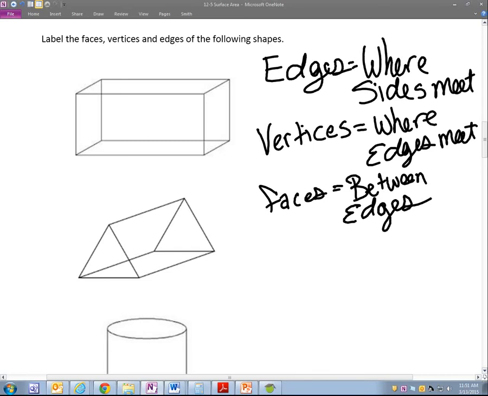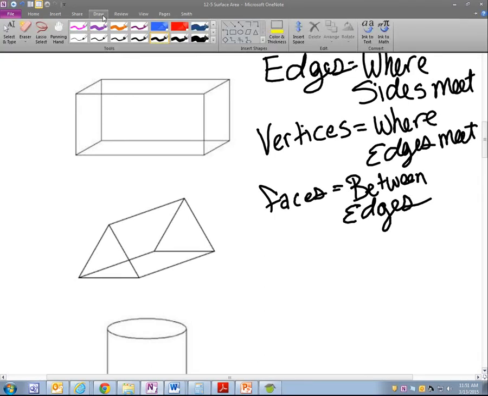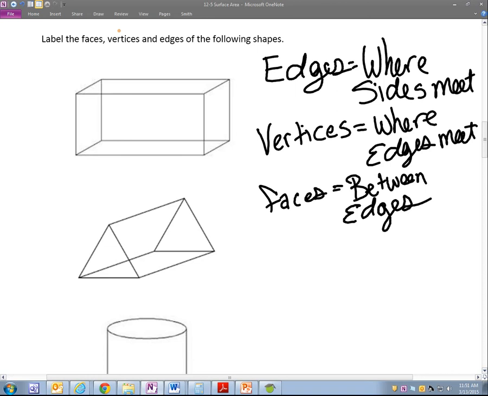So I'm going to do some vertices as being orange. These are vertices because that's where the edges meet. There's some more.